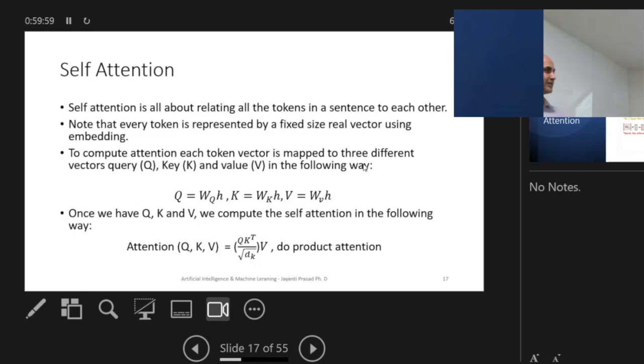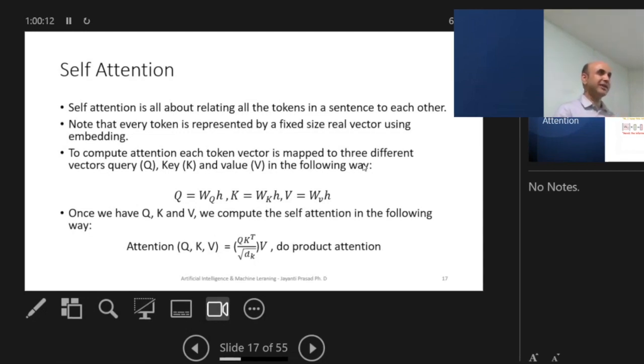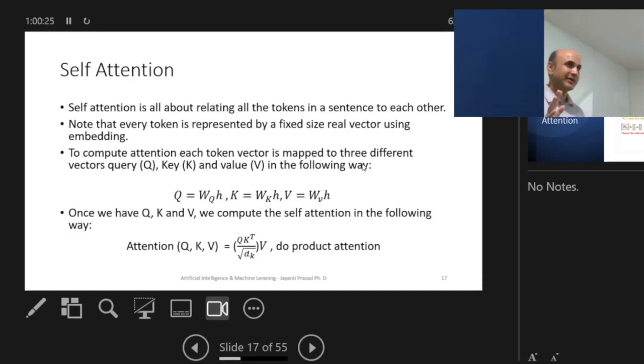And again, these matrices will be learned. They are not given from the very beginning. Now one single vector, this H, the memory state, is decomposed into three vectors, Q, K, and V. Now think about that every token in the encoder is holding three things with itself: a Q, K, and V.